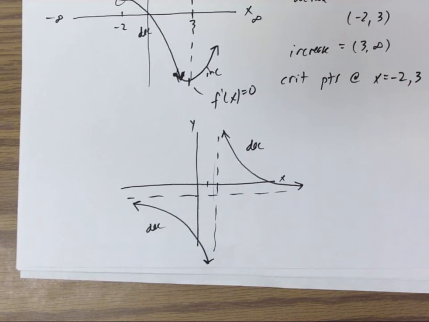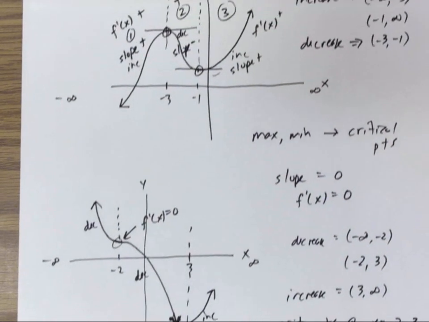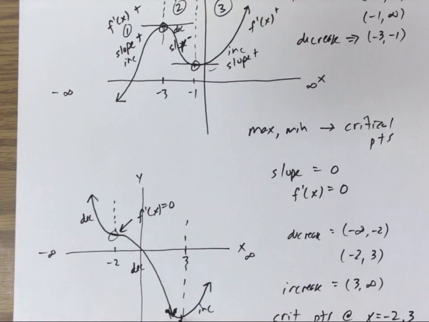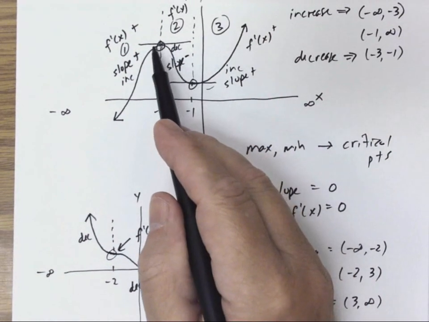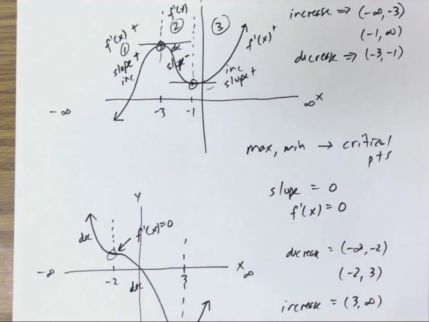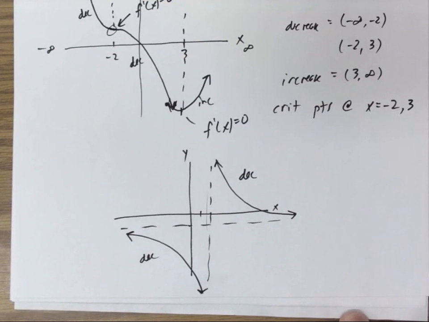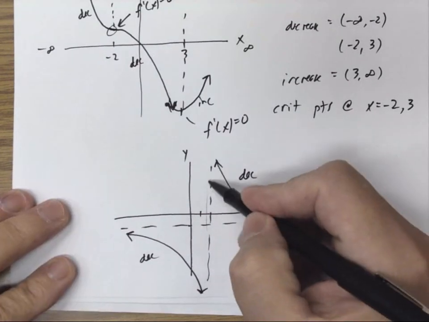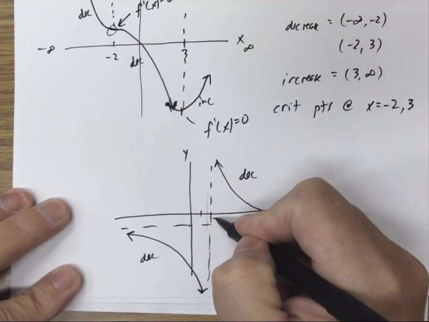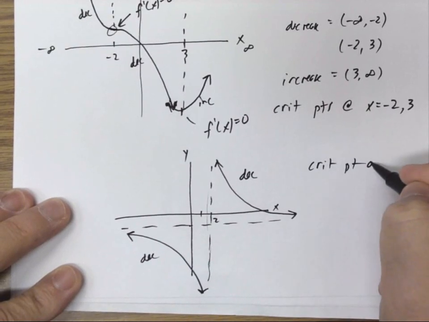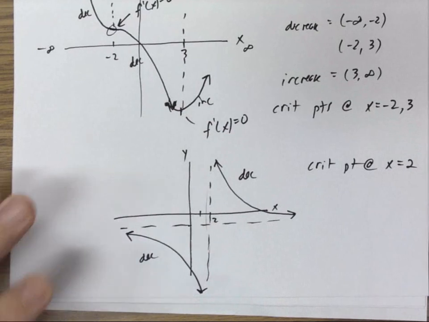Now you may ask yourself, well, what would the critical point be here? In the previous example, the critical points are where the graph was flat, which meant the derivative or the slope was 0. That doesn't even occur on this graph. However, there's one more source of what we call a critical point, and that's where you have an asymptote. So if this was at 2, you would say critical point at x equals 2.